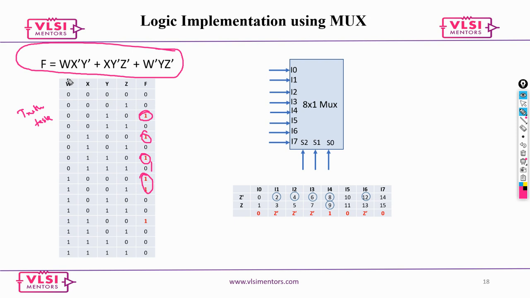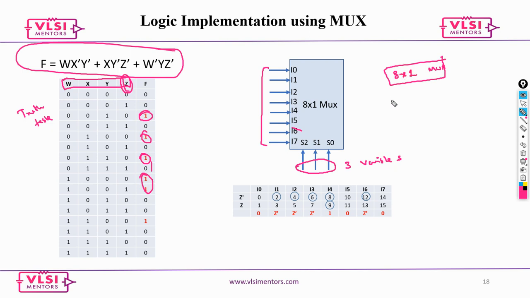How many variables do we have here? 4, sir. 4 variables, but remember you can use 3 variables as control lines, and one you can use as one of the inputs. So you want to implement this whole function using an 8x1 mux.